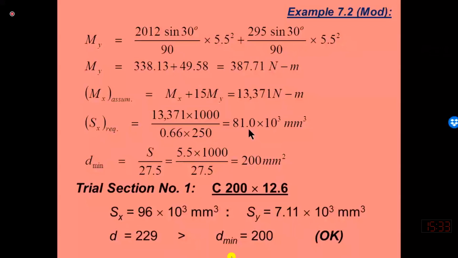I will not select any MC or C, only C sections. On page number 66, I have C in the second group, C 115 to 15.6, 81.